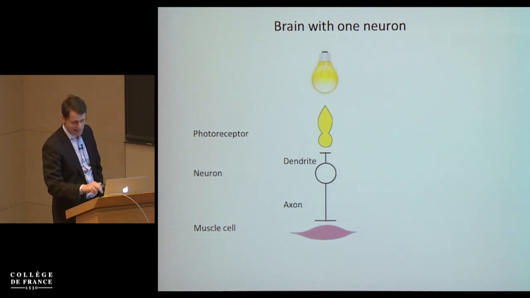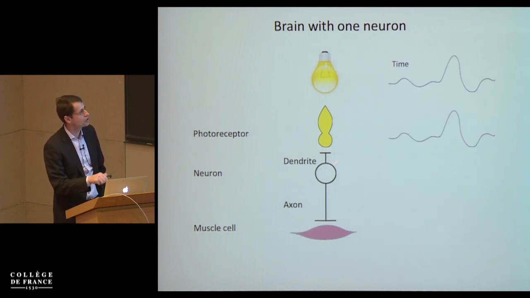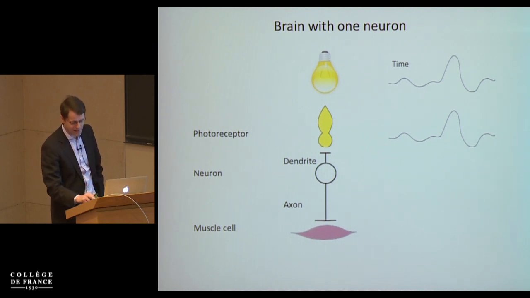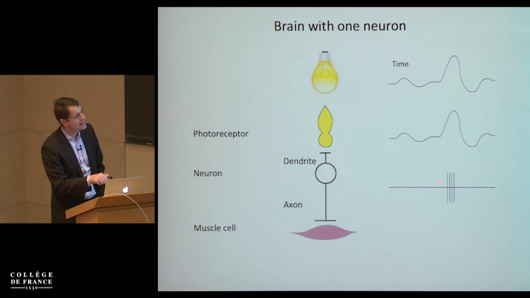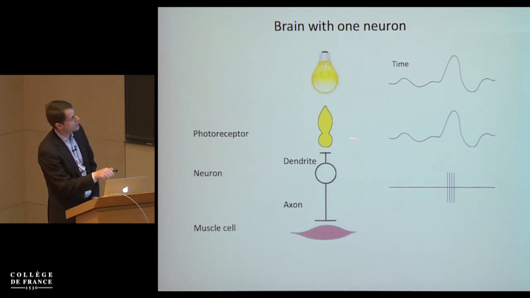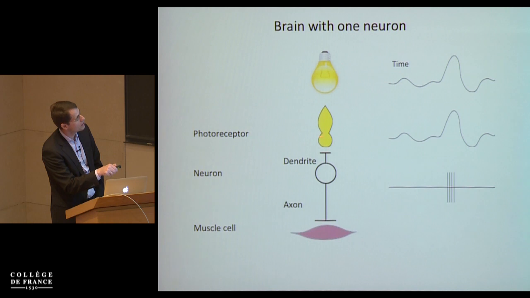Again, there's a light flickering with a certain time course, and the photoreceptor is copying the light intensity with its voltage. And now comes something completely new, which is the activity measured in the axon. The voltage leads to the release of a chemical called neurotransmitter onto the dendrite.